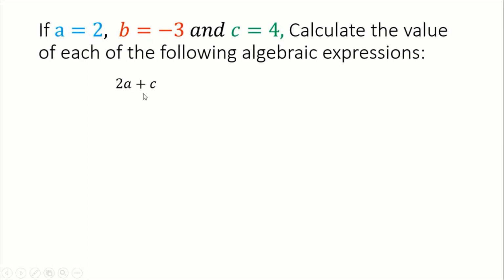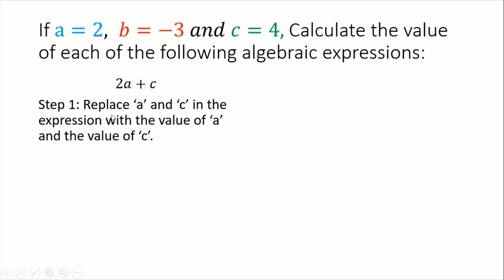Now, what this is saying is that where we see A in the expression, we must replace it with the value of A, and where we see C in the expression, we must replace it with the value of C. So step one, replace A and C in the expression with the value of A and the value of C, right?